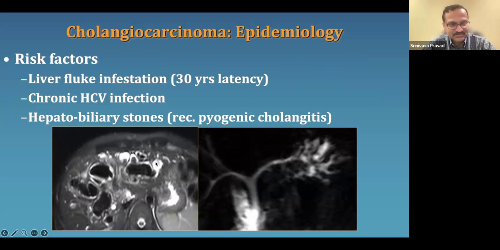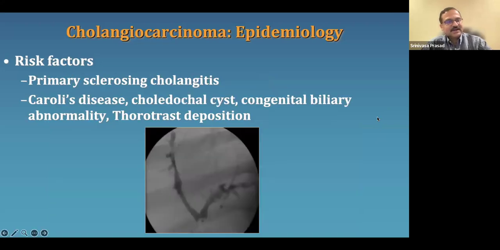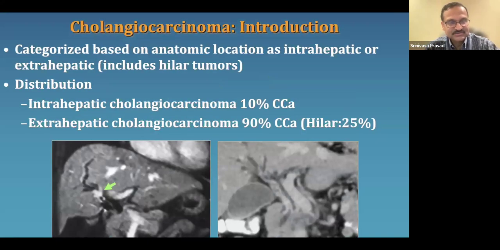These are calculi within the markedly, chronically dilated ducts in the context of recurrent pyogenic cholangitis. And there is primary sclerosing cholangitis, particularly in patients with ulcerative colitis, where there's a higher incidence of primary sclerosing cholangitis. These are the patient populations that have a higher risk for development of cholangiocarcinomas.